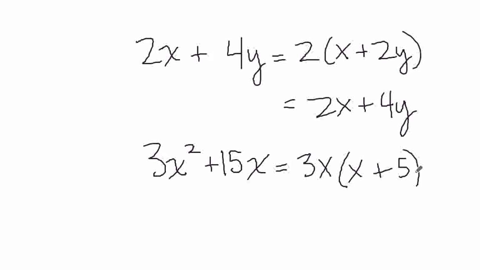Now, let me show you some situations where you might need to factor more than once. It might look like you can't factor, but actually there's something that you could do. So instead of talking in generalities, let me give you an example.